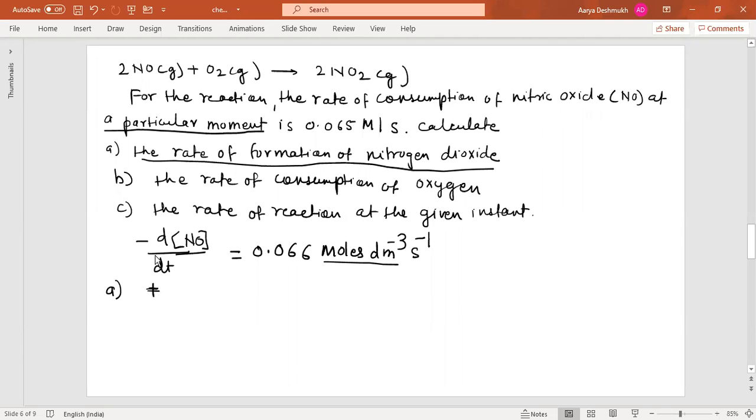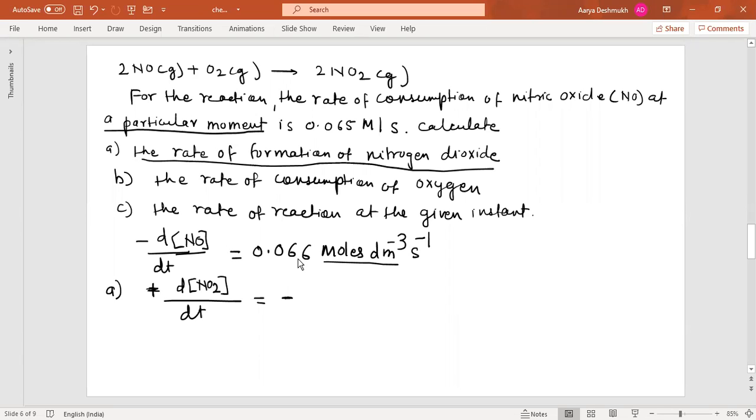So, whenever I say formation of nitrogen dioxide, there should be a plus sign. Isn't it? The concentration of this product is obviously getting increased. So, d/dt of NO2 is equal to minus, how will this be formed? How will this nitrogen dioxide be formed? By consuming the reactant here. So what is given here?